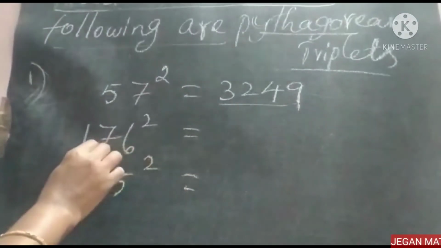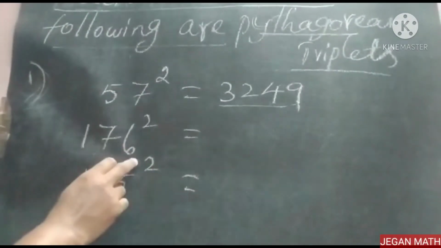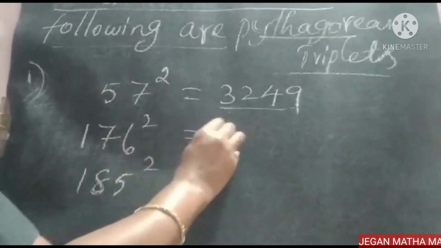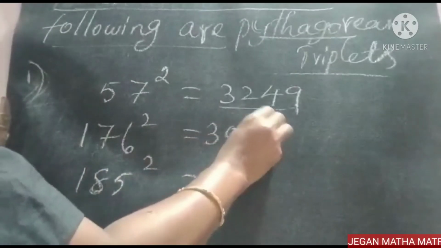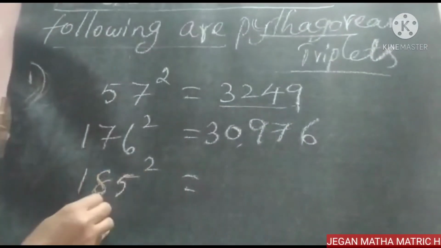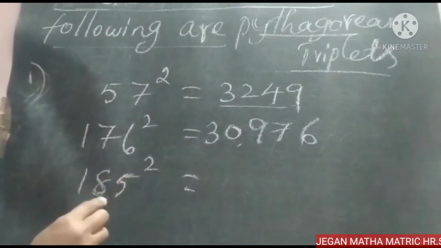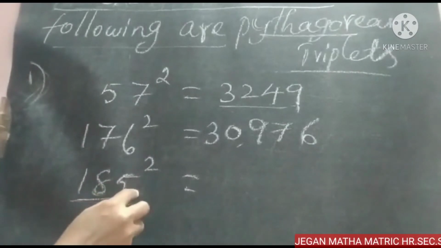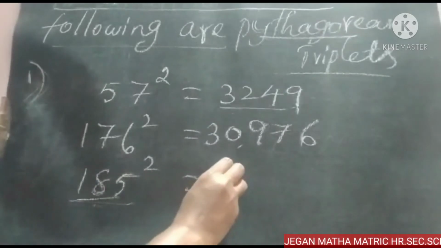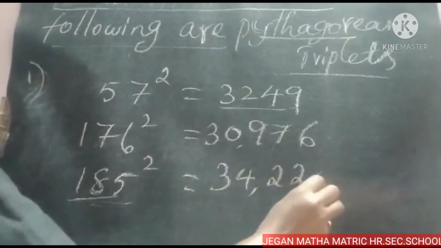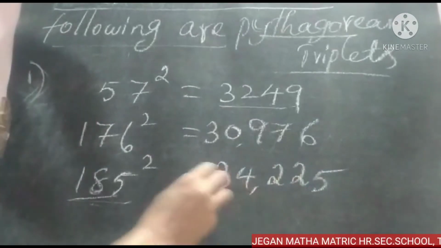See the next one, 176 whole square, that is 176 into 176, and the answer is 30,976. Now let us see the hypotenuse side, 185, the greatest side, 185 into 185. 185 square equal to 34,225.